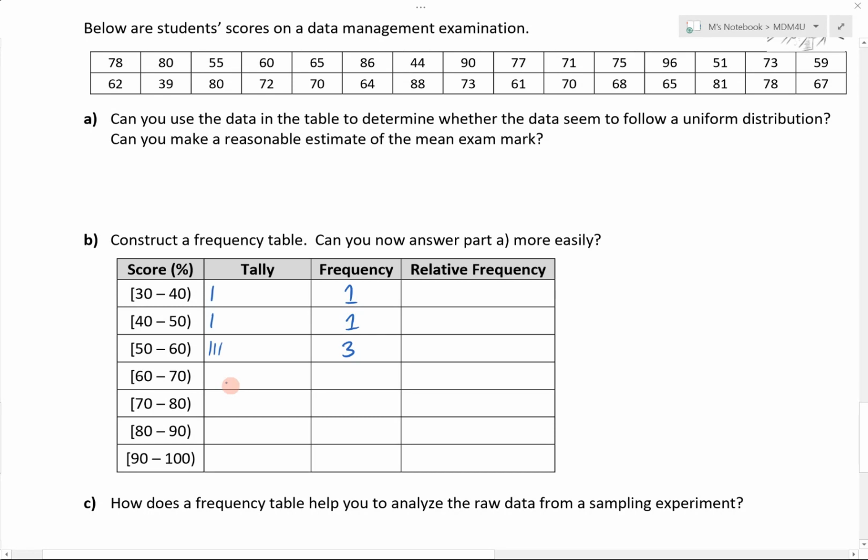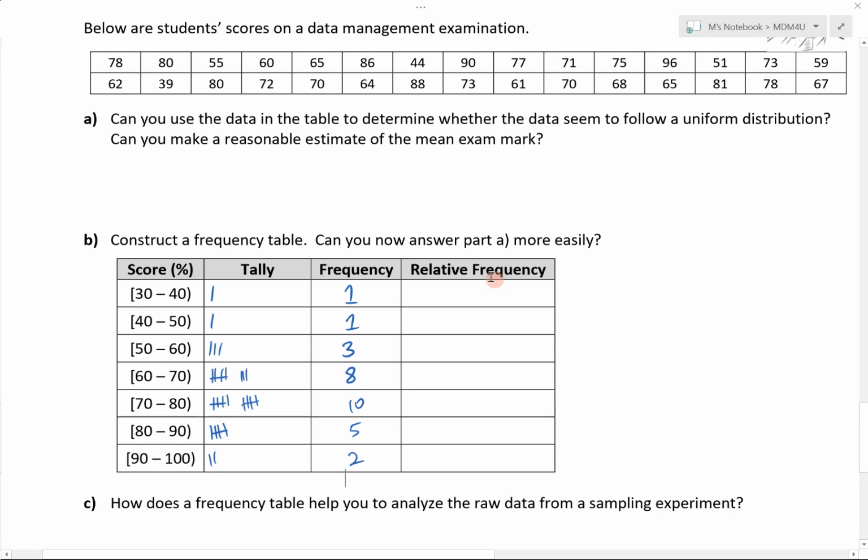Here you'd have 8 tick marks, so 1, 2, 3, 4, 5, 6, 7, 8. You'd count 10 for the next one, 5 for the next one, and 2 for the next one. So if I placed all of these values in their appropriate bins, the score intervals, I would get a frequency table that looks like this.